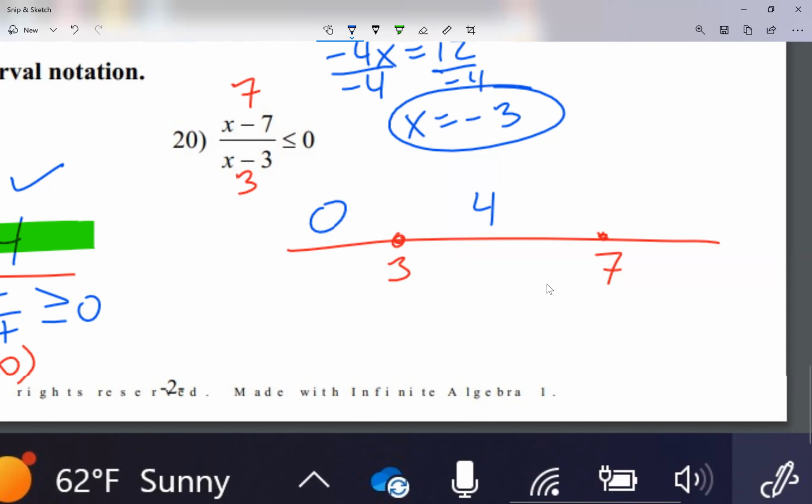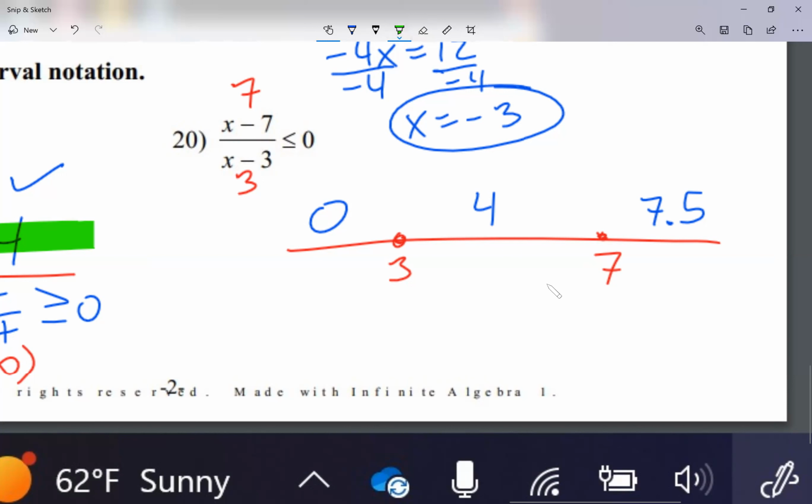And then a number bigger than 7. As a matter of fact, so as to not be afraid of decimals, let me try a 7.5. Anything. You can try anything. If you don't want to try decimals, try an 8, a 9, a 10, whatever. Anything bigger than 7. I'm going to try a decimal.